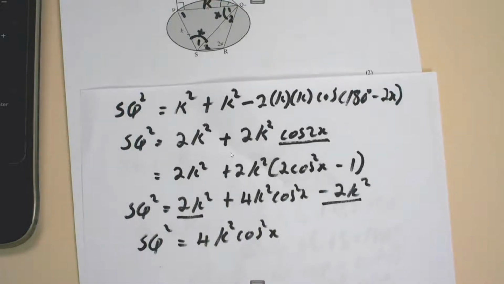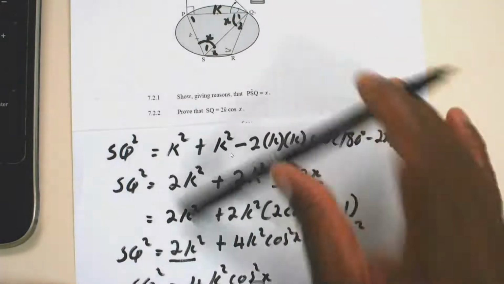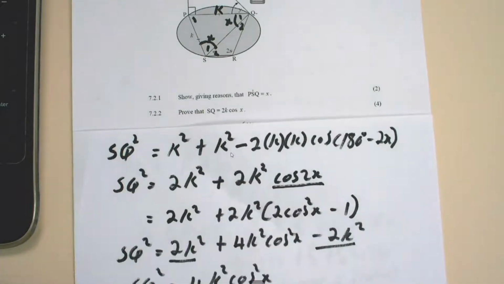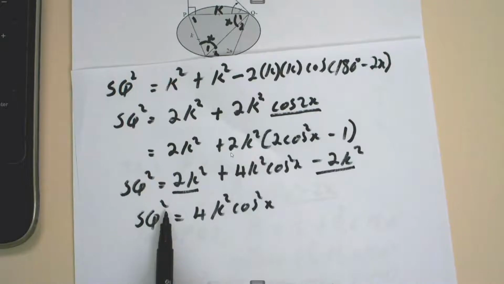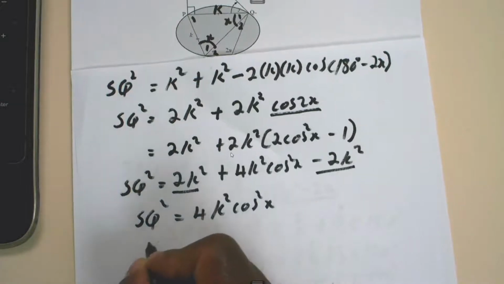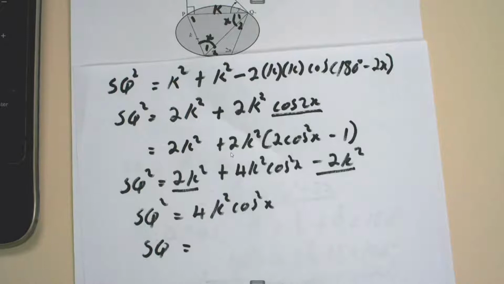Now, let me take you back to the question: prove that SQ is equal to 2k cos x. It means now you need to eliminate the square. And how do we eliminate a square? By introducing a square root. So what is the square root of SQ squared? It will be SQ. Remember, square root is plus or minus, but because we're working with length, SQ represents the length, we focus on the positive values.